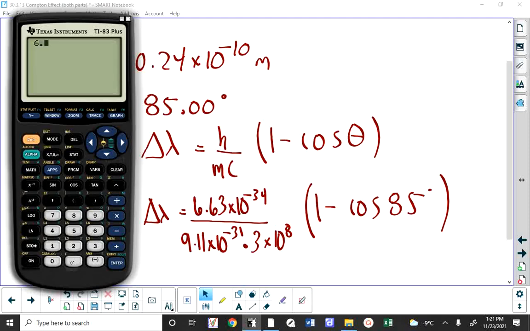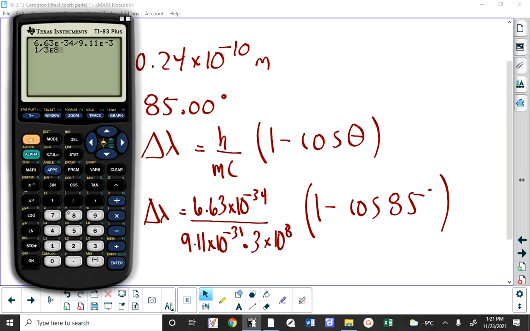h is 6.63 times 10 to the negative 34, divided by the mass of the electron, which is 9.11 times 10 to the negative 31, also divided by the speed of light. You know me, I go divided by. If you want to divide by the product, you have to go divided by bracket and then type the mass of the electron times the speed of light, close brackets.